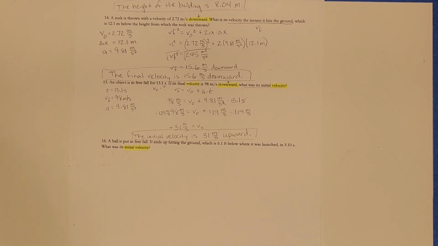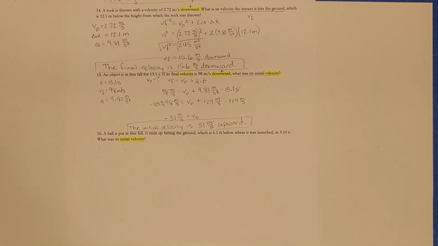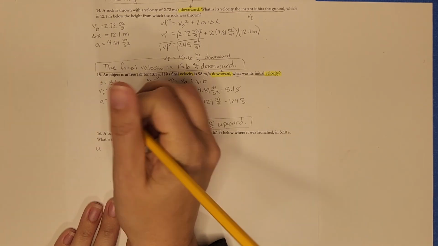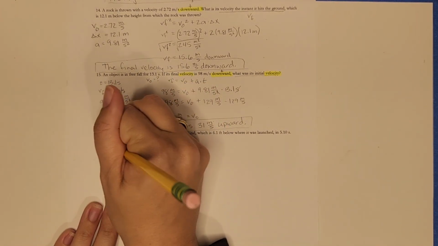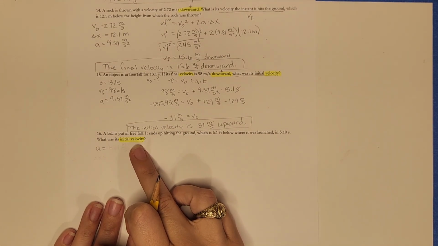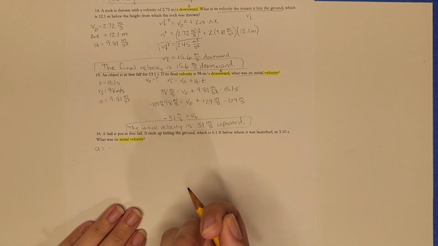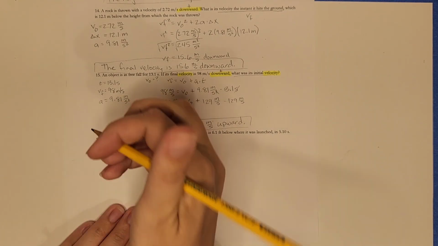Question 16. A ball is put in free fall. It ends up hitting the ground, which is 6.1 feet below where it was launched in 5.10 seconds. What was its initial velocity? Okay, so here I'm going to have my acceleration. Because I don't know if this initial velocity is that the ball was going up first, or if it was just dropped or thrown down, I'm going to go ahead and put the acceleration as negative.